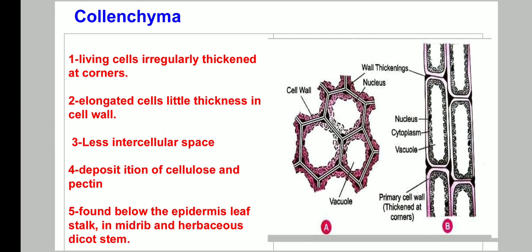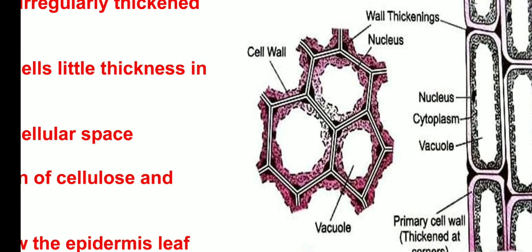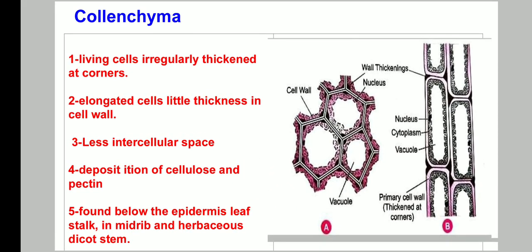Dicots are small, herb-like plants with green stems, so this type of tissue is found there. You can see in the diagram that the thickening is present at the corners.